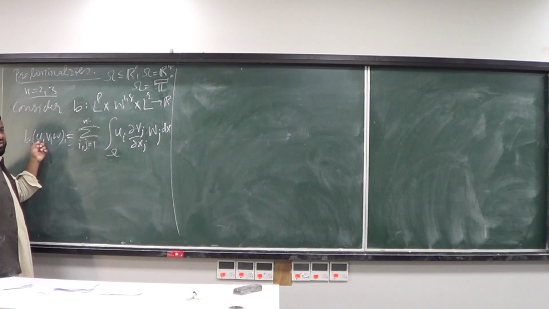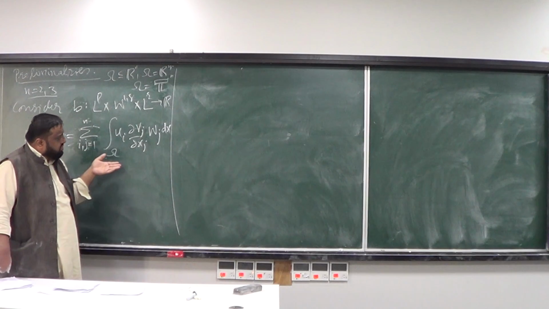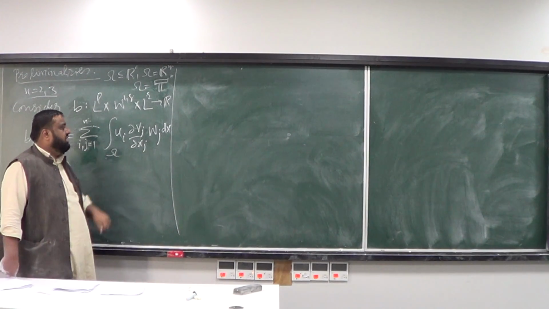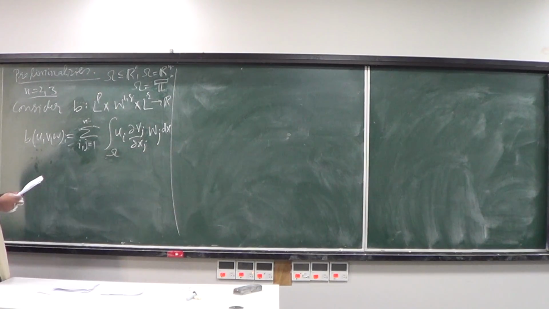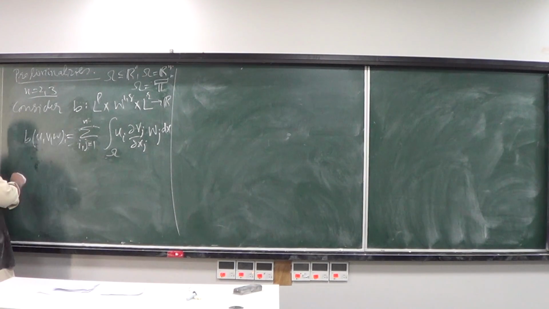So u has 3 components, u1, u2, u3, or u1, u2, and v has also 3 or 2 components like v1, v2, v3, and w has 3 components like w1, w2, w3, and you define B(u,v,w) in this manner actually. Okay, so what properties can we have about B(u,v,w)?